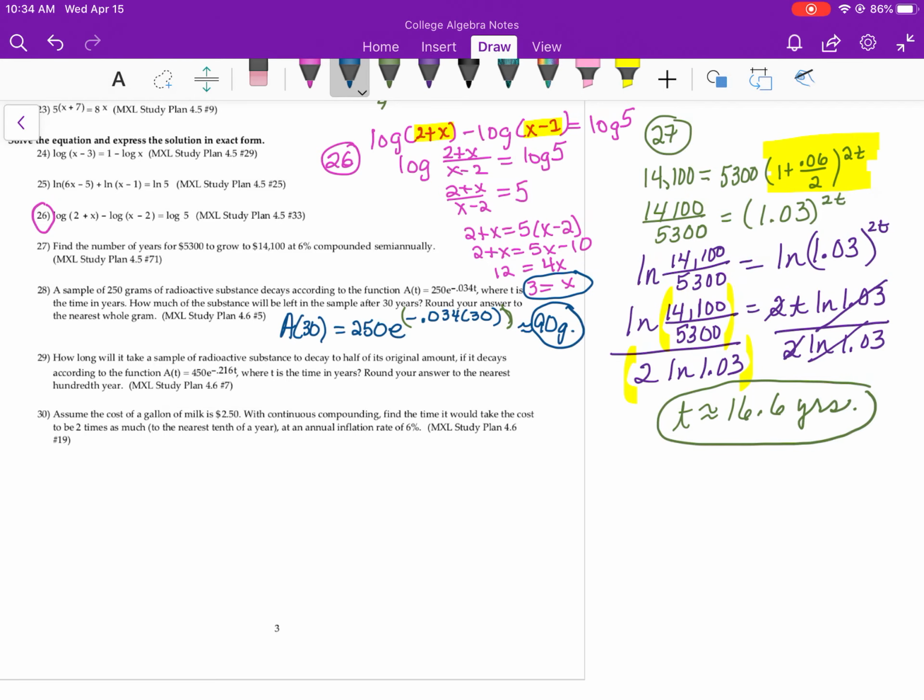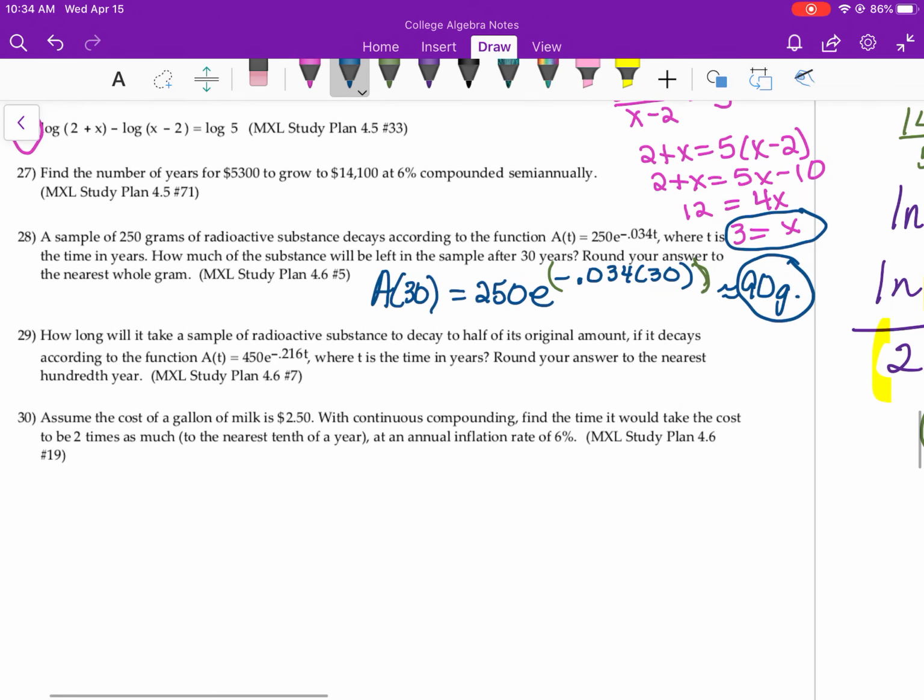Number 29. How long will it take a sample of radioactive substance to decay to half its original amount? So they're talking about half-life here. So this is the equation they're giving you. Now, if it's going to decay to half of its amount, it doesn't matter that you started with 450.